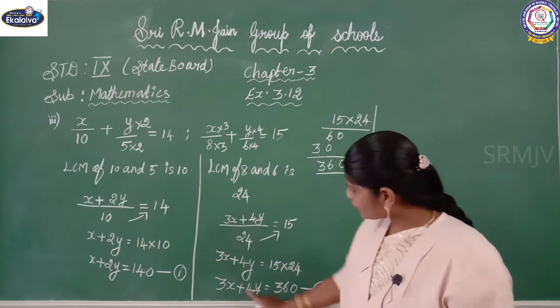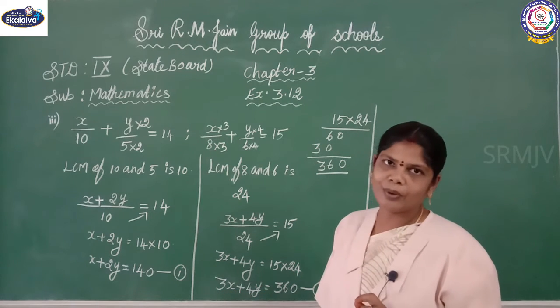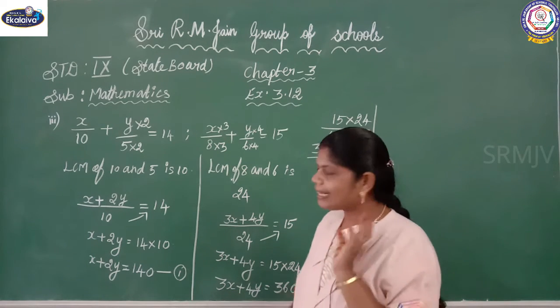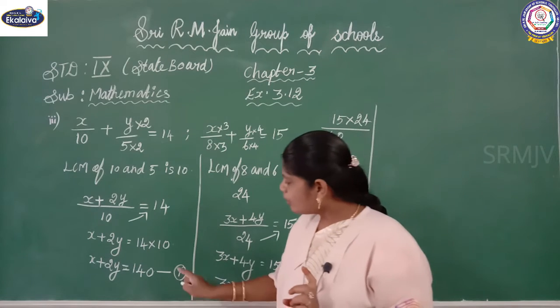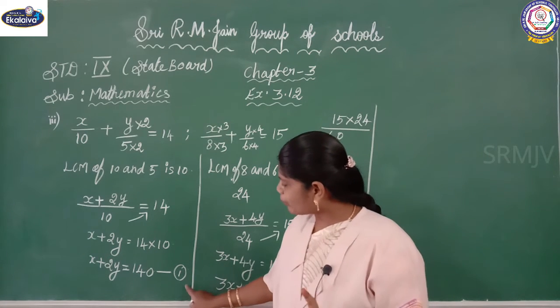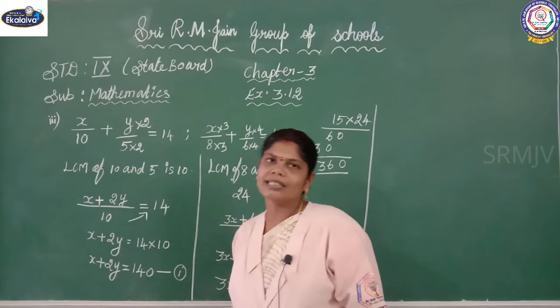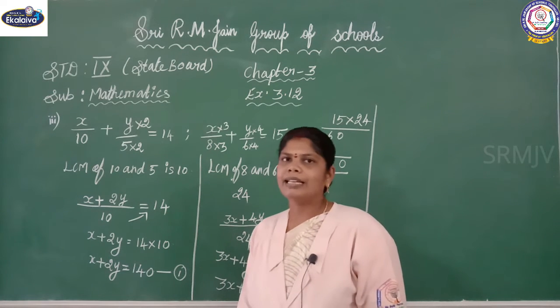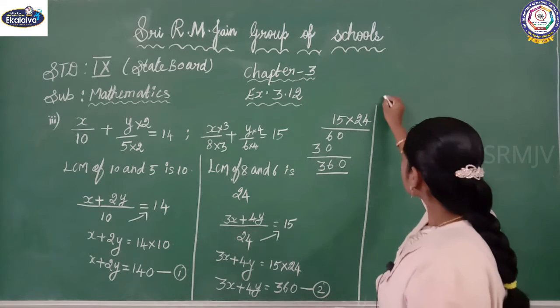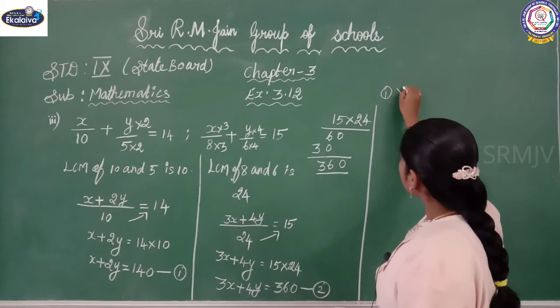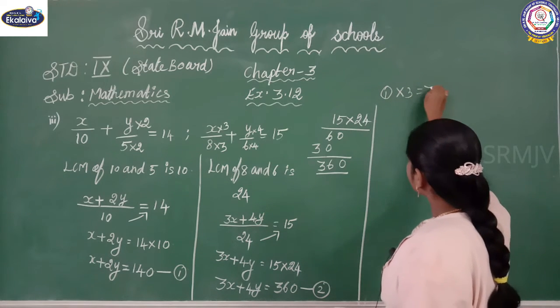In the second equation, the coefficient of x is 3. So I am going to eliminate the x variable. For eliminating, I have to multiply the first equation with 3. Then only I can eliminate the x variable.